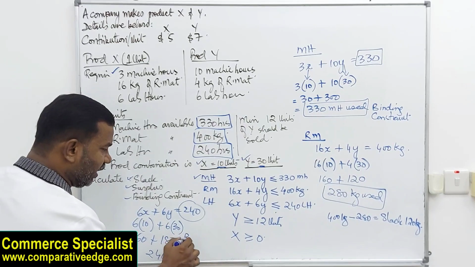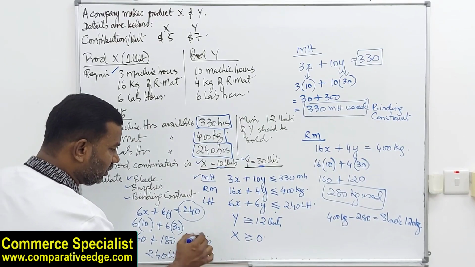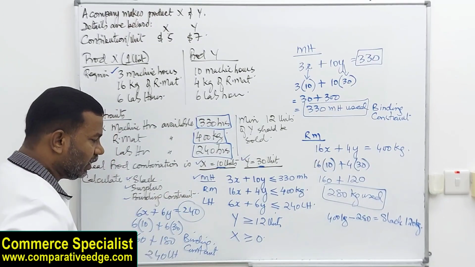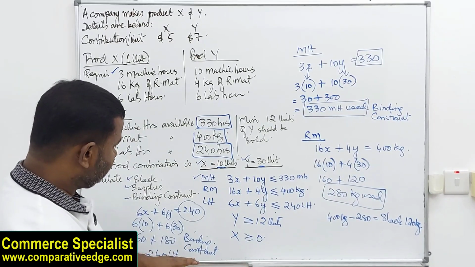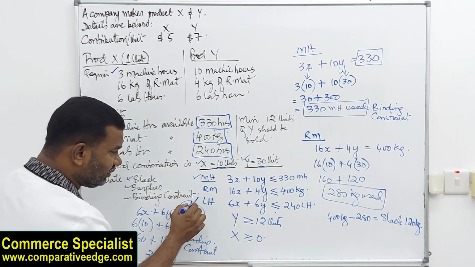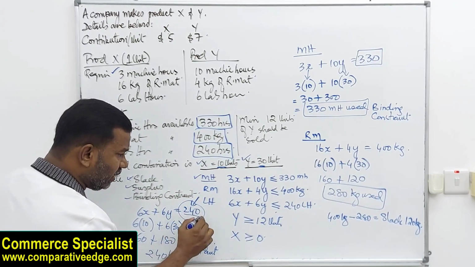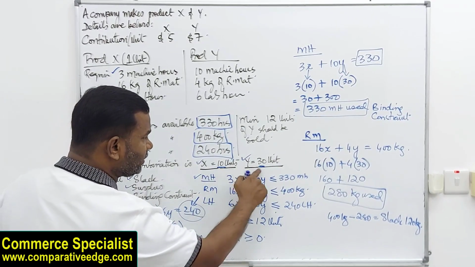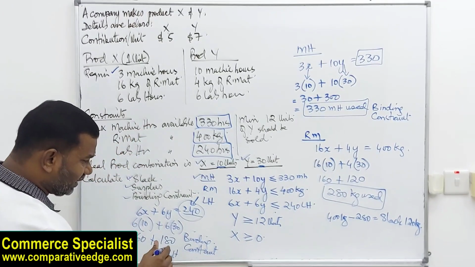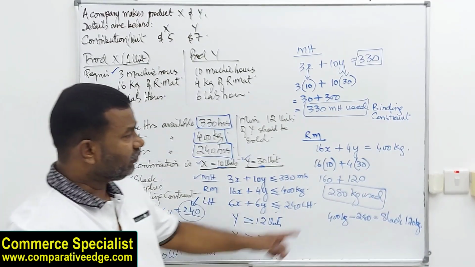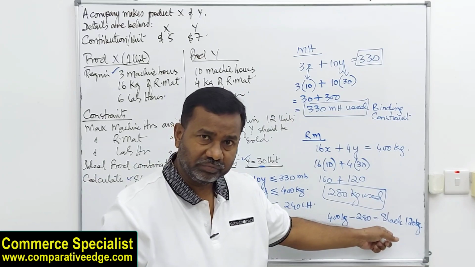So again, it's a binding constraint. A binding constraint is when the number of available labor hours were 240, and making your ideal combination of X and Y, you ended up using exactly 240. That is a binding constraint. If you use less, that is slack.